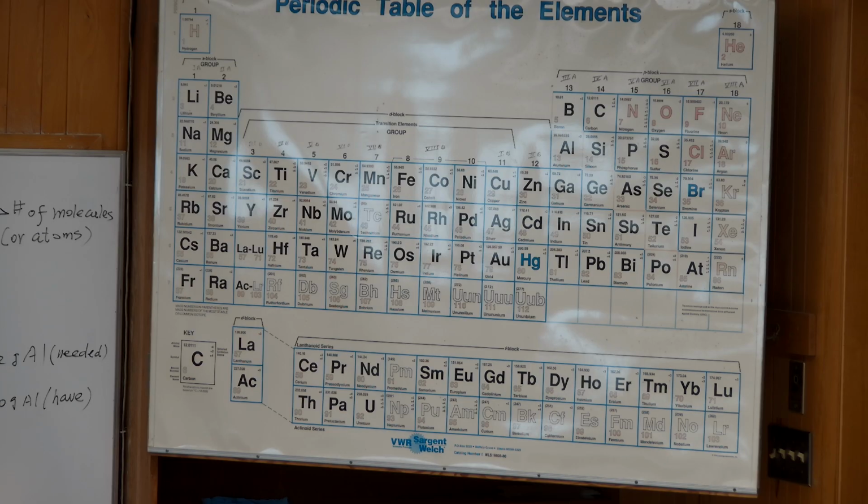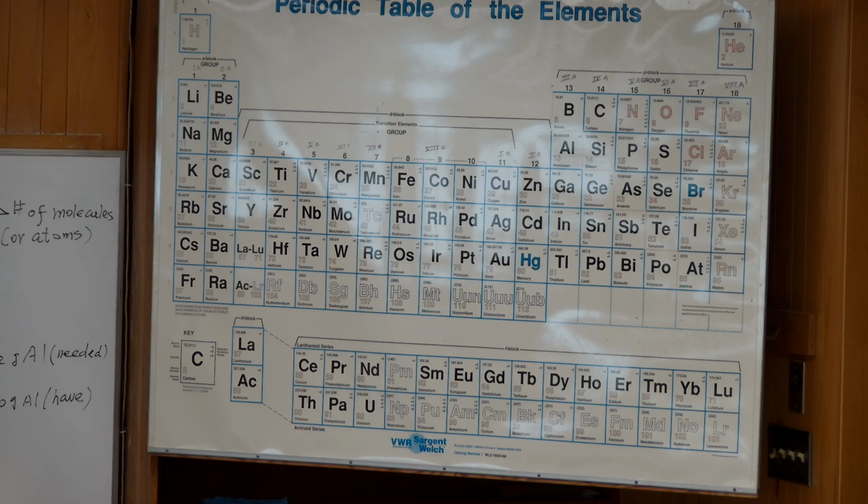Mass always converts to moles. Divide by molar mass. Then use the balanced equation again. Every 2 moles of aluminum produce 2 moles of chromium. So aluminum becomes chromium. So far we get moles of chromium.